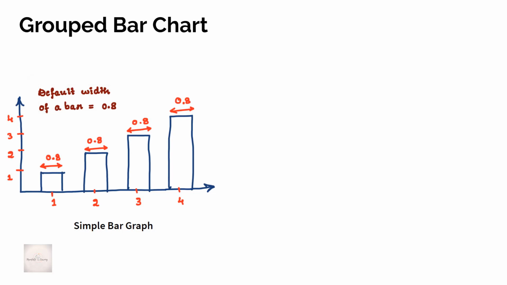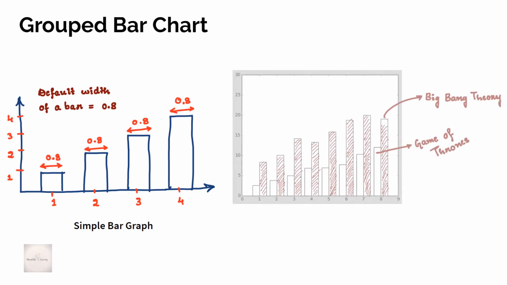This is just a simple bar graph and we know that the width is equal to 0.8, the default value. But in this code, we have two data, one for GOT and another for Big Bang Theory. And the width of the bars for both the data will be 0.8. Do you agree with me? But the result we are expecting here is something like this.